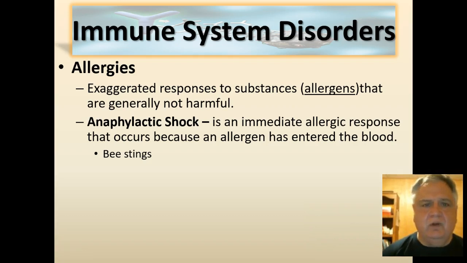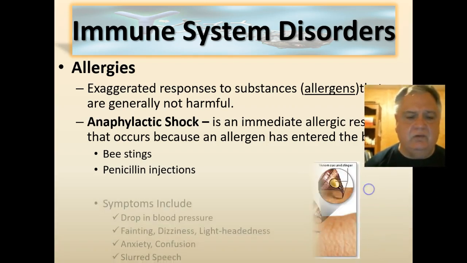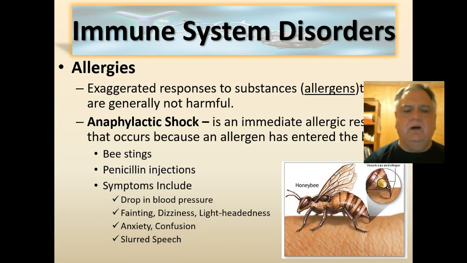For most people, it doesn't cause a big problem, but in some people, they have this exaggerated response to it. Others can have exaggerated responses to drugs like penicillin, and there are peanut allergies out there. People can even have these responses to peanut butter or even the smell of peanut butter.